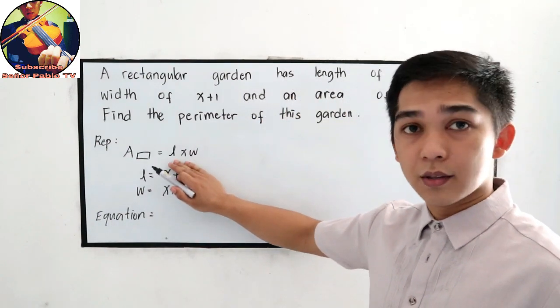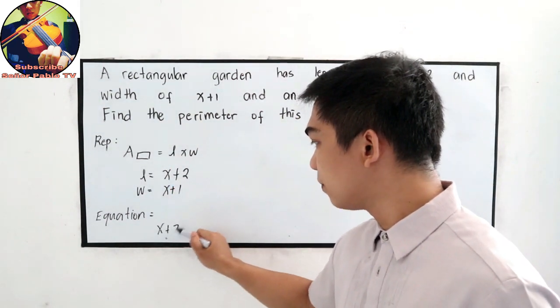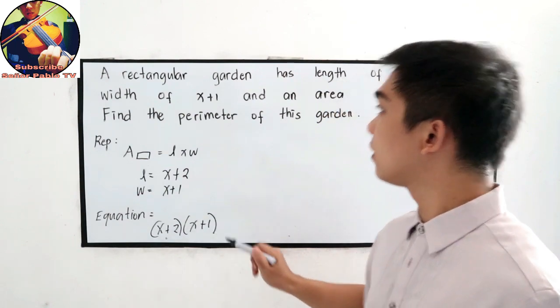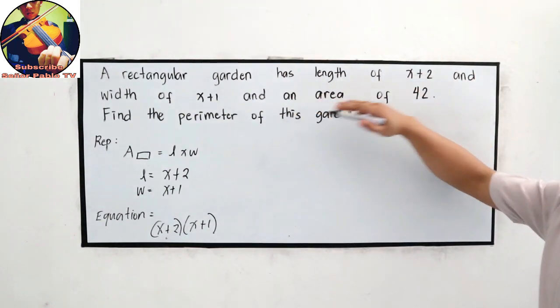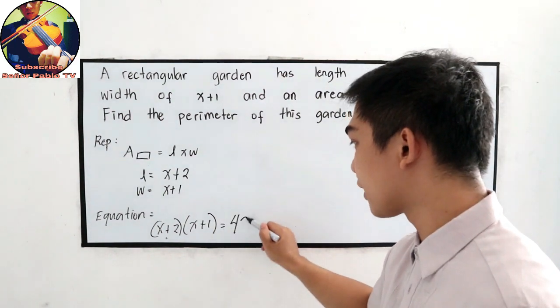Let us substitute length times the width. So length is x plus 2 times the width x plus 1, given the area of 42, is equal to 42.